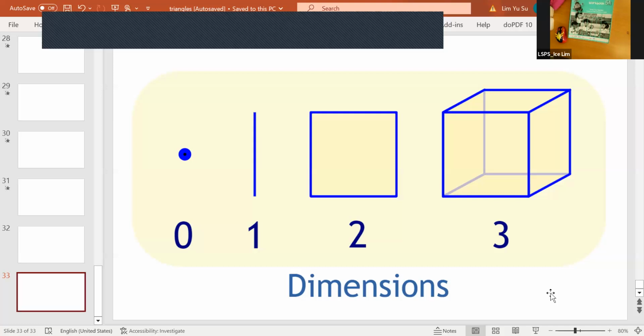When I fill in a 3-dimensional space, you can have up to 3 different kinds of measurements. In rectangular tanks, cuboids and cubes, there are 3 dimensions, 3 measurements. For example, length times breadth times height.